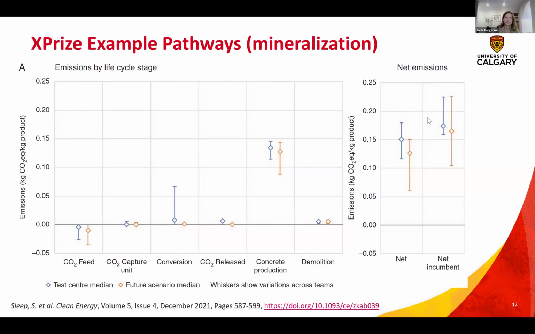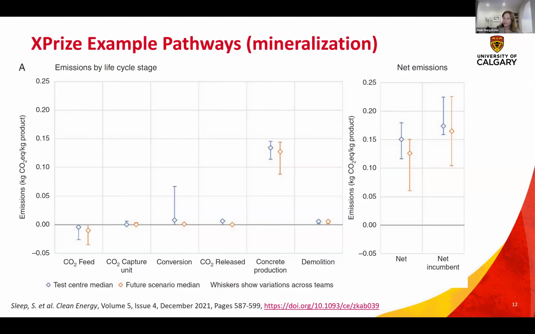On the right-hand side, we had to show the net emissions because a lot of these companies were claiming that their technology was net negative. And that was mostly a boundary issue where they weren't actually defining it across the full life cycle. So we wanted to show that the net emissions of the technology are anything but negative, right? You can see that on the left-hand side, we have the CO2 feed, and there was a credit assigned because of the way that the X Prize was set up.